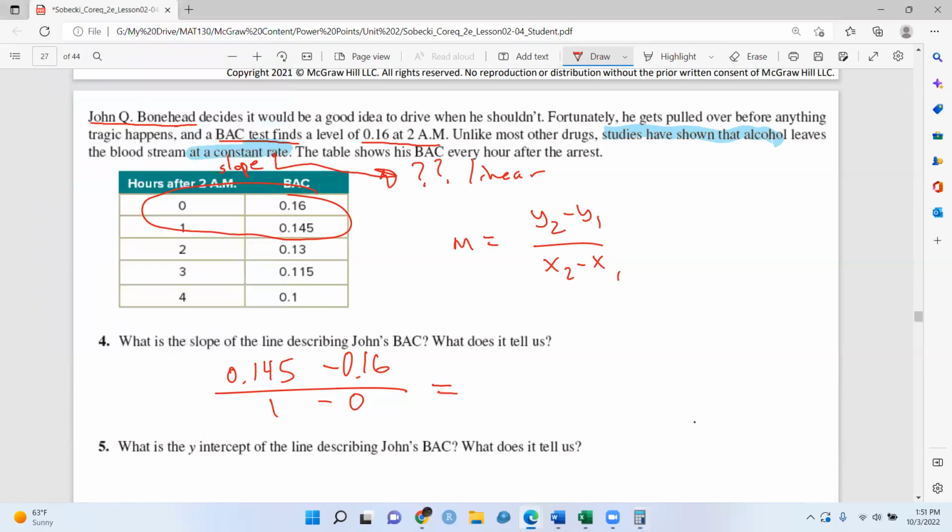Now let's pause and talk to ourselves. What does this mean? What is this slope telling us? By the way, if we were to put the units on it, it would be blood alcohol concentration per 1 hour. Can anyone interpret that slope?